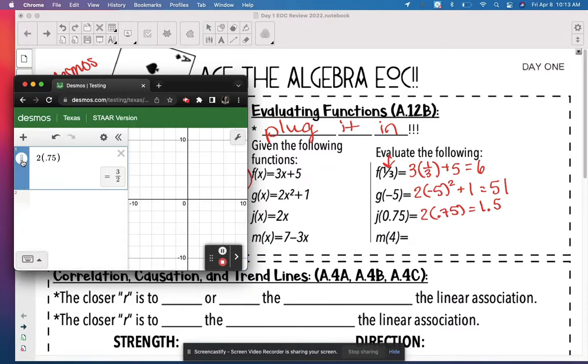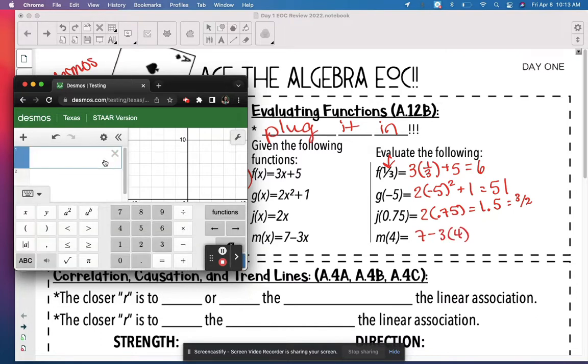Click it, and we get 3/2, which is the same answer as 1.5. The last one we have is 7 minus 3 times 4. I type that in, and we get -5. So that is how I can use Desmos to evaluate functions.